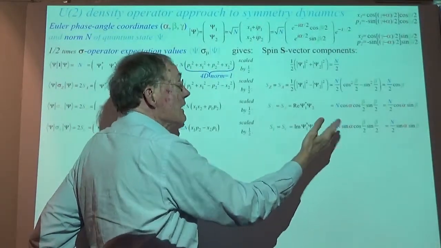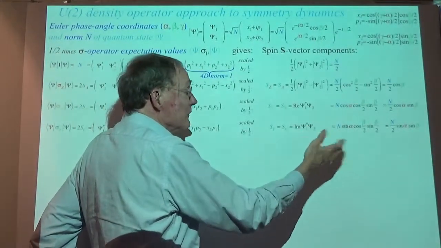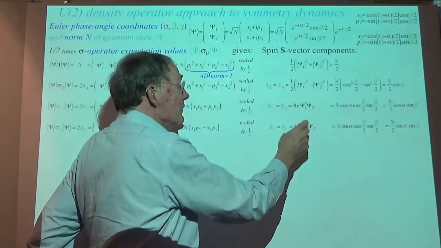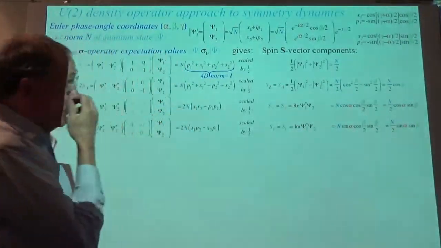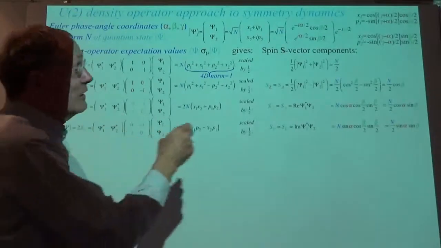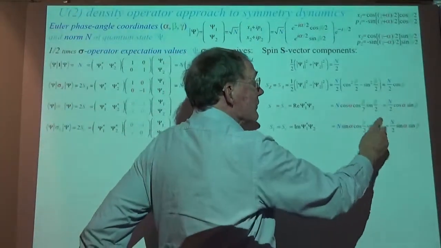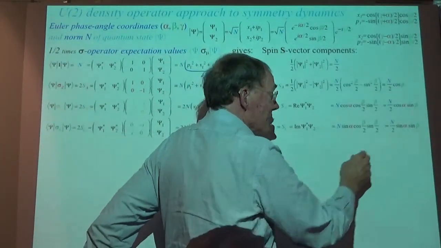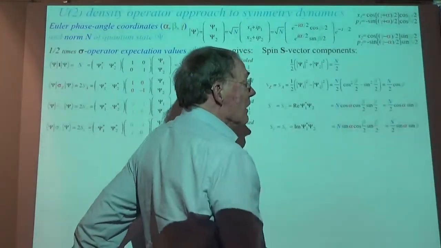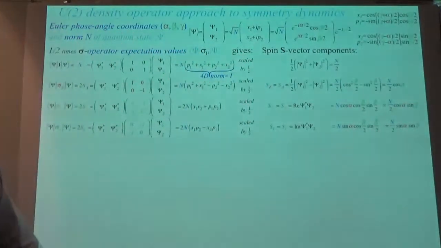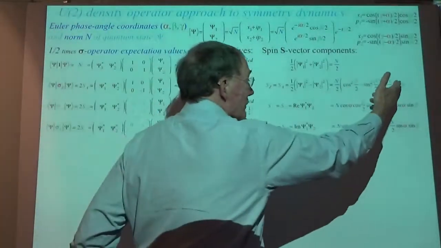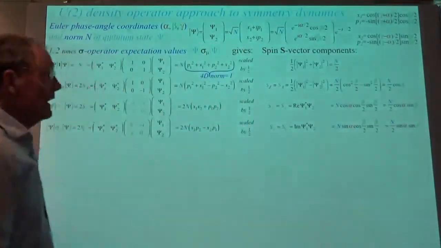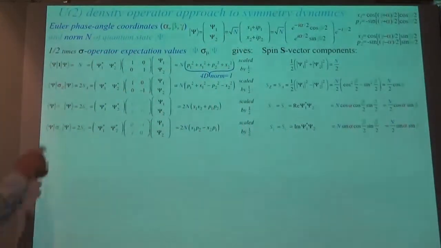Now minus psi2 star psi1 divided by 2, that is the imaginary part of that off-diagonal matrix, and it gives you something very similar to this, namely sine alpha sine beta, after you put that in full angle form. And there are your polar coordinates of the expectation values.